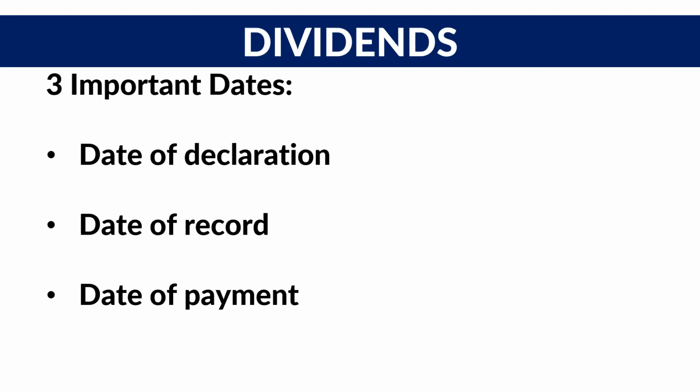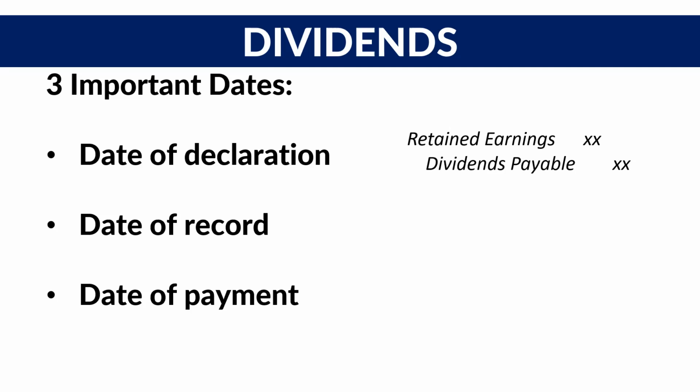We debit retained earnings. This is our pro forma journal entry on the date of declaration. We recognize a decrease in our retained earnings. Take note, it should be unappropriated.